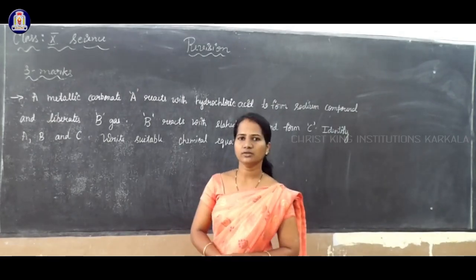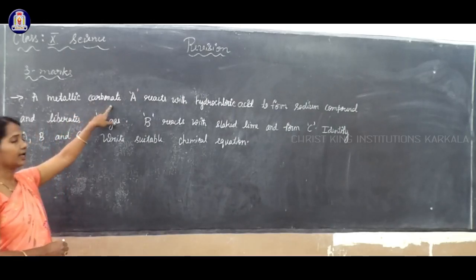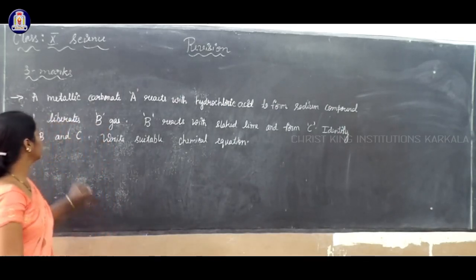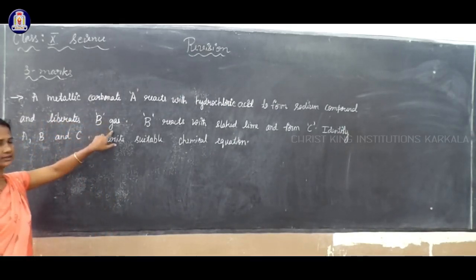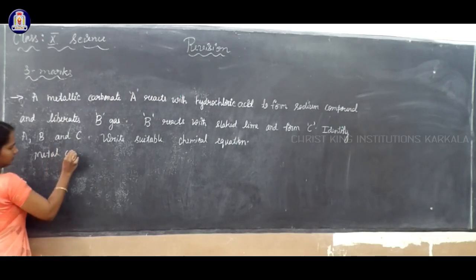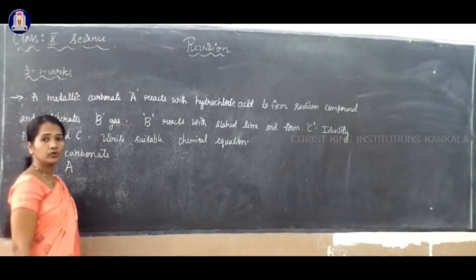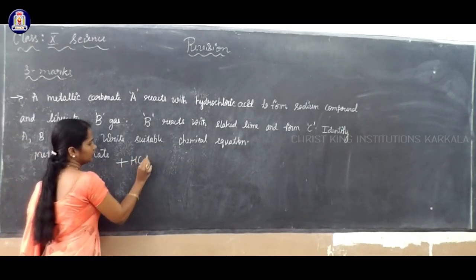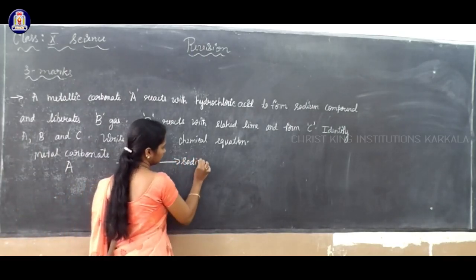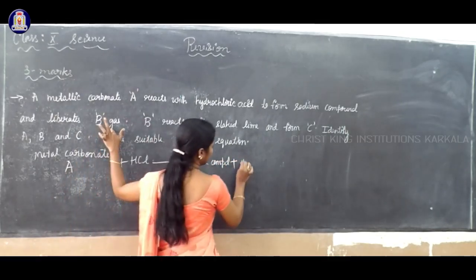We'll go to the next question. The question is given like this: a metallic carbonate A reacts with hydrochloric acid to form a sodium compound and liberates B gas. The metal carbonate, that is A, reacts with hydrochloric acid, HCl, to form a sodium compound and liberates B gas.